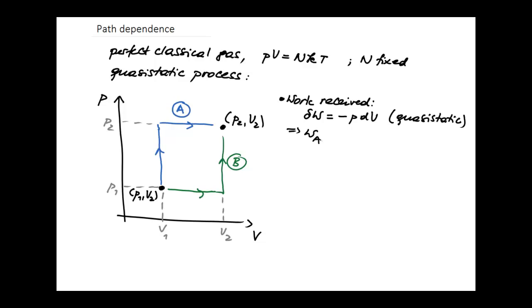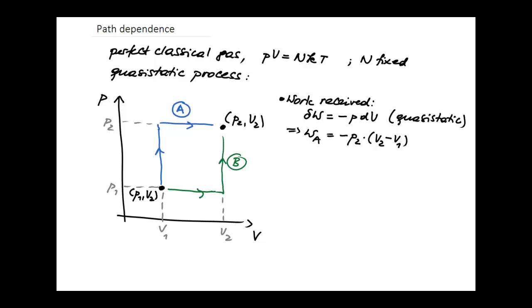And on the second piece, going from left to right, the volume increases from V1 to V2 at constant pressure P2. So the infinitesimal expression for the work is easily integrated. The total amount of work is simply equal to minus P2 times the difference V2 minus V1.